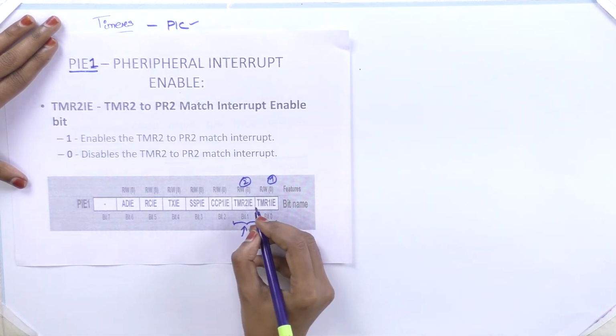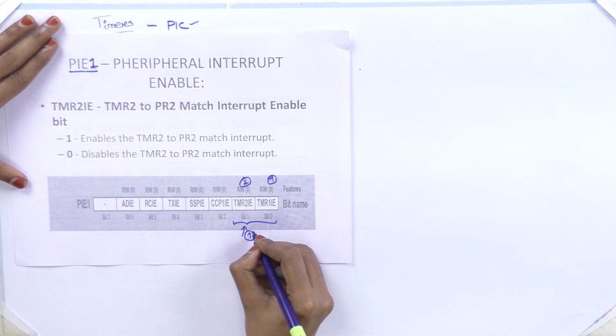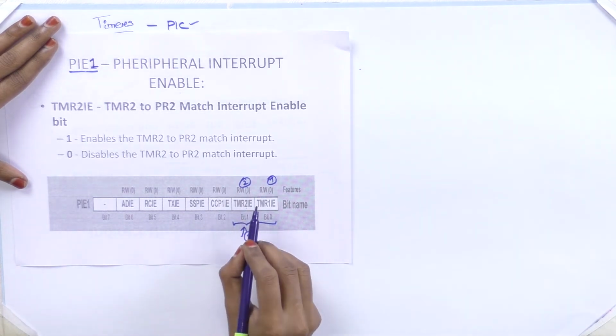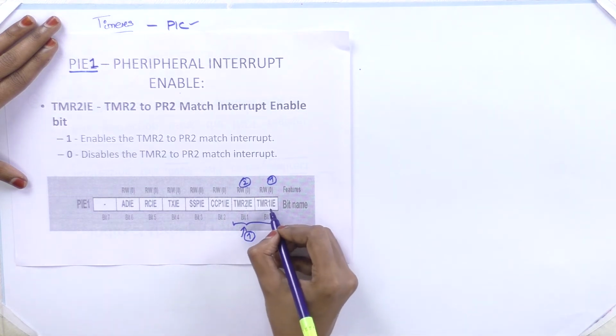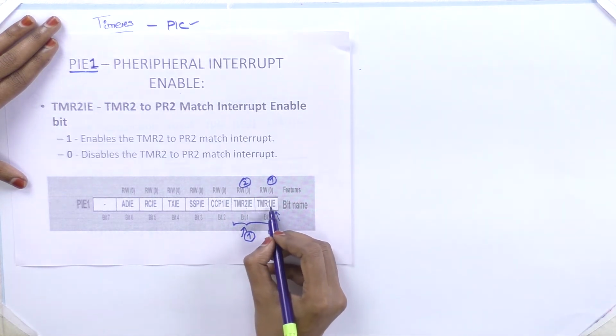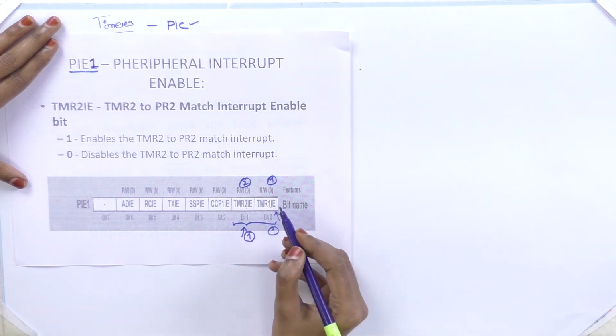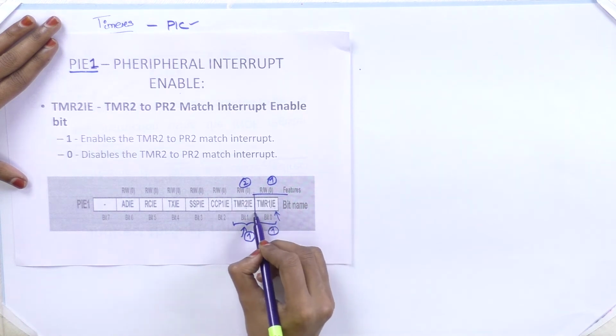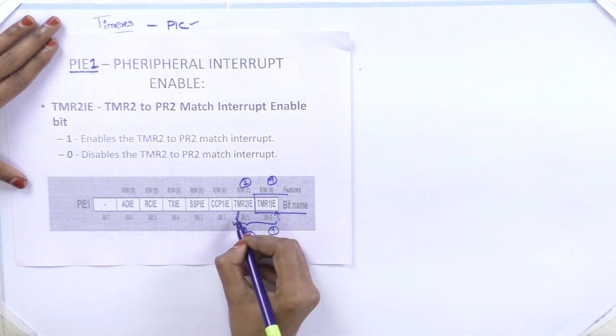This bit should be made 1 to unmask the Timer 2 interrupt, that is, to enable the Timer 2 interrupt. That is the purpose of it. If we make bit number 0 to 1, it means the Timer 1 interrupt is enabled. We will discuss Timer 1 in later lectures.